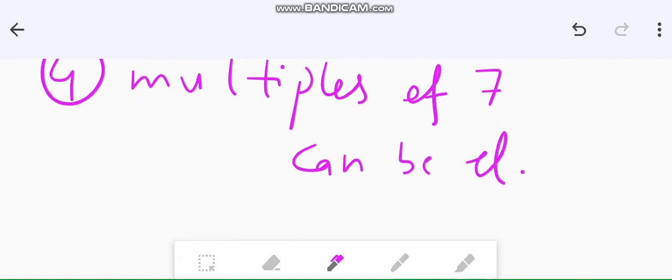Eliminated. Now till how much will we go? That is the main question right now, right? 100. What I said earlier, the square root of 100 will give 10. So we need to check all the primes till 10 in order to find all the primes up to 100.